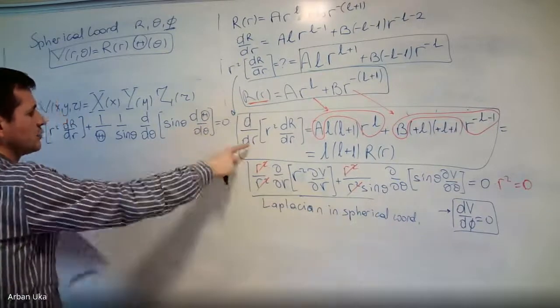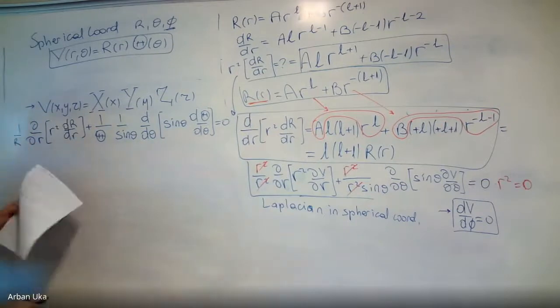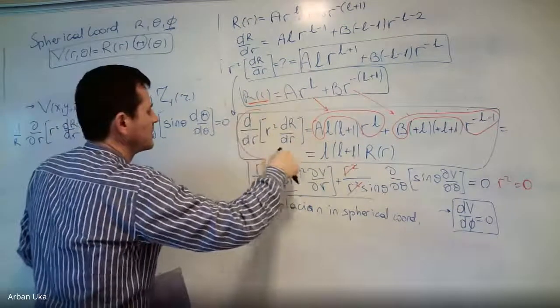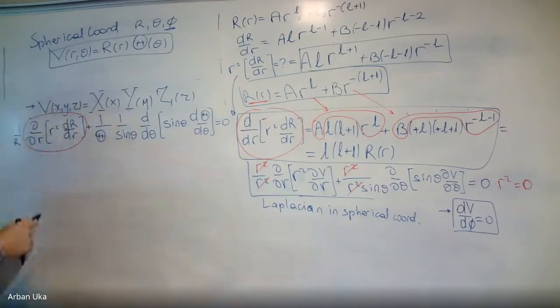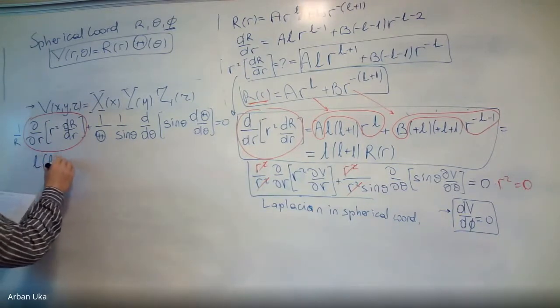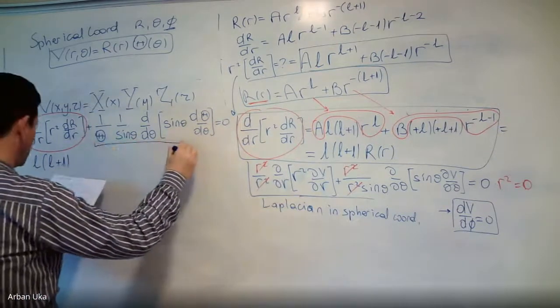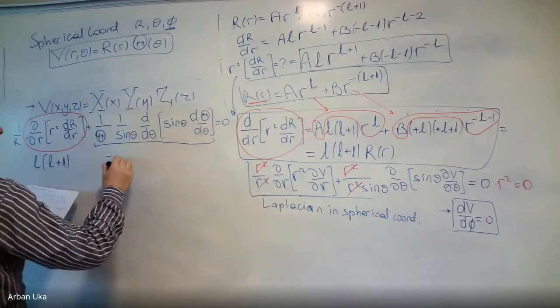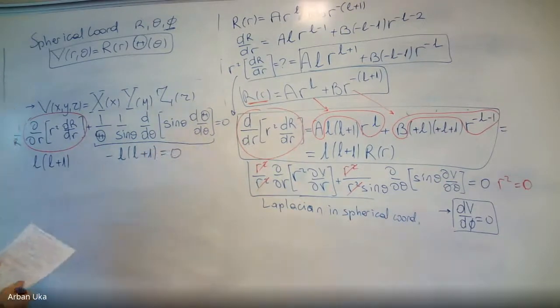What we have found here is this part, which is equal to L times L plus 1, and all the rest is minus L times L plus 1. And this is equal to 0.